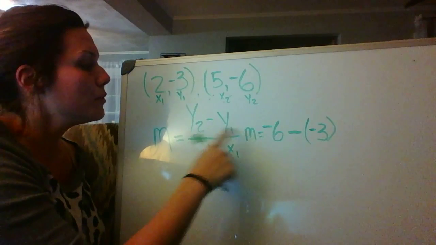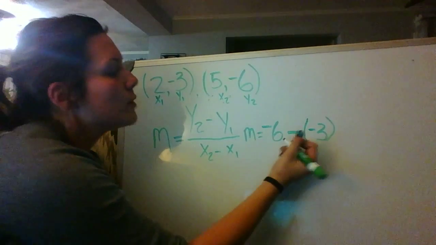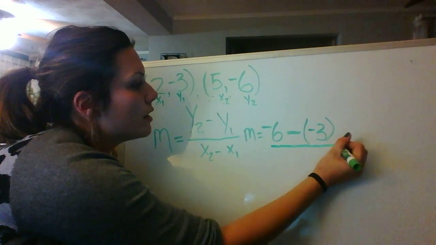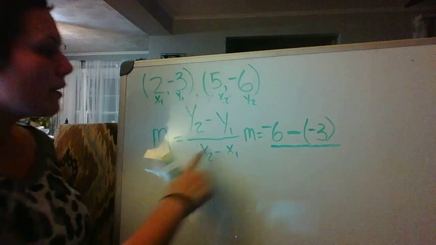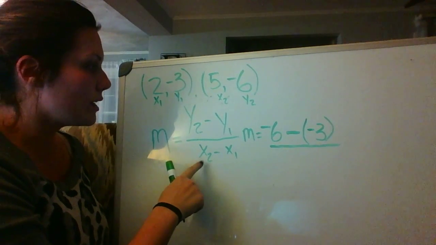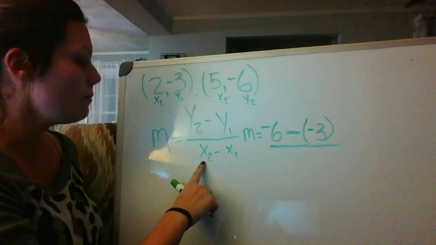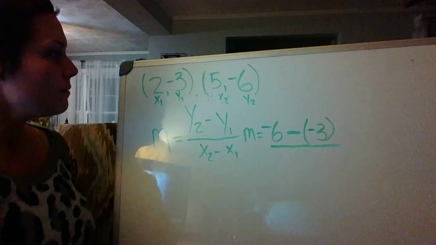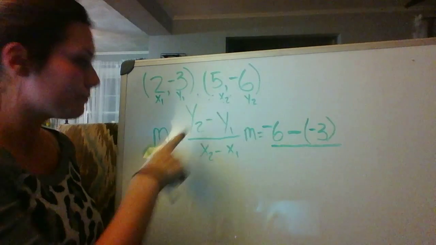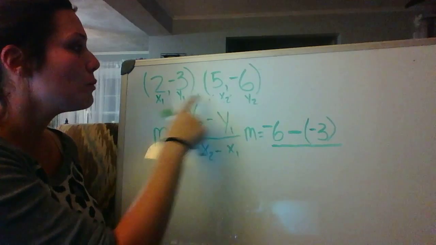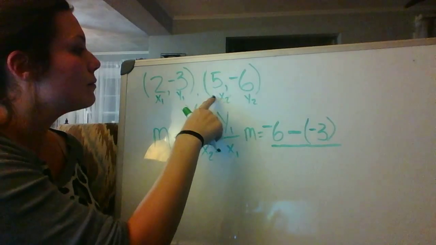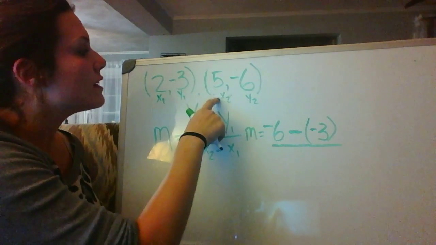So I have my y2 and my y1. I'm going to write my bar. And now, if I look over at my equation, I notice that I have to find my x2 and x1. So if I look up, I know that x's always come before the y in a point. So I look, oh, right here, 5 is my x2.